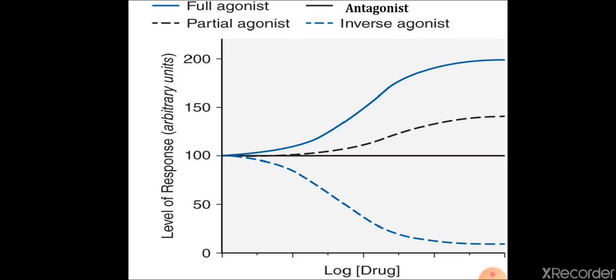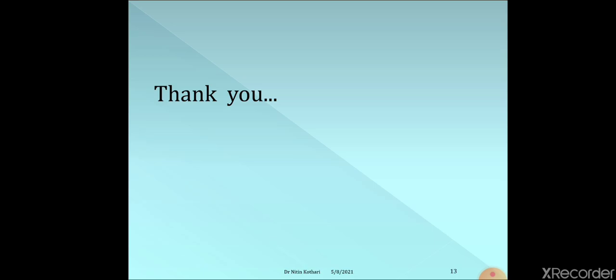The blue dotted line, these are the inverse agonist drugs. They are showing response in the reverse direction of agonist. You can see here their direction is just opposite to the full agonist and partial agonist. So the dotted blue line are inverse agonist drugs. For example, beta carboline to benzodiazepine receptor. This is all about this session.